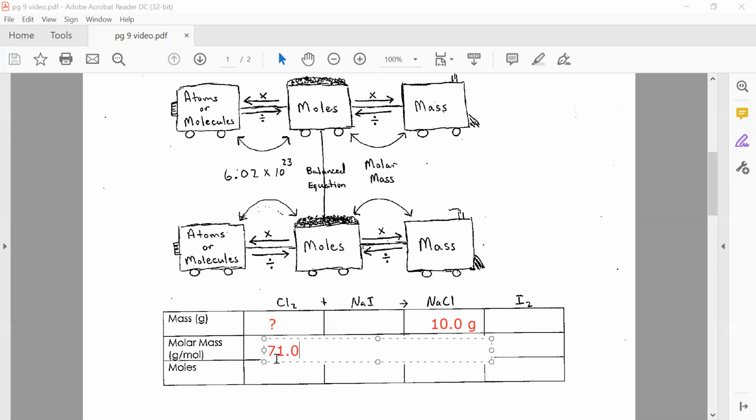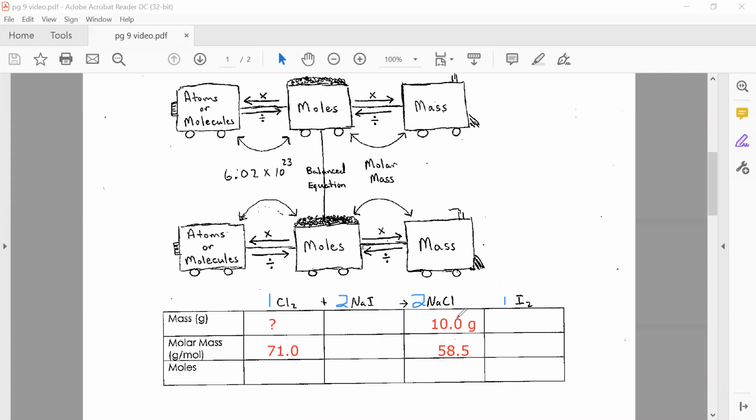We figured that out in the last problem, and we said this was 58.5. So I'm going to write 58.5 in, and we know this is grams per mole. Now, we were given this, and this is what we're trying to find. Oh, we better write our balanced equation. So we said this was a 1 and a 2 and a 2 and a 1.